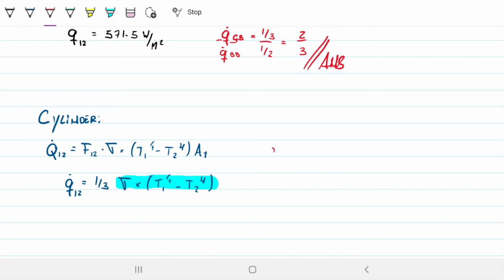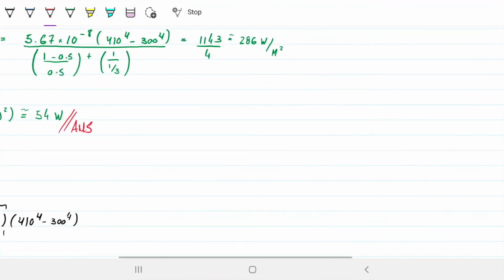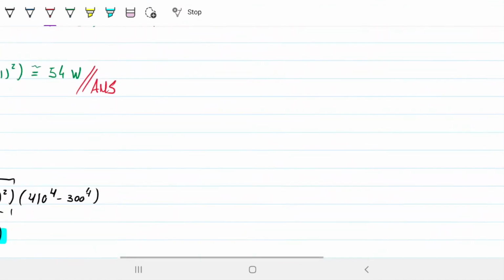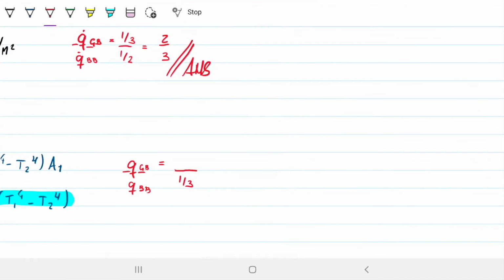And if I want to do a comparison between the gray body and the black body, on the black body I'm going to have 1/3 on the bottom there. And if you recall, what we had on the gray body was 1/4. Here it is. We have 1/4 there. So simply put, this is 3/4.